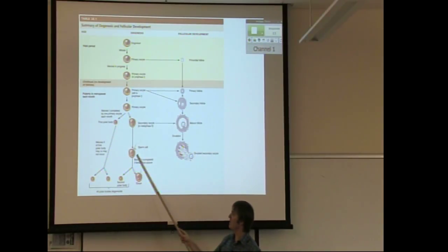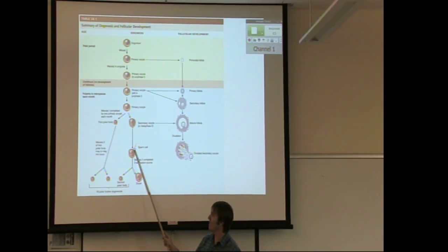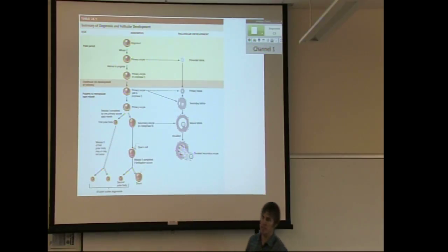And one of the stranger things is it actually doesn't finish meiosis until after the sperm fertilizes it. I don't know why that is. I'm trying to look it up. I still don't know. Doesn't seem like anyone really knows. So the sperm comes in, and before anything else happens, it divides to make the final ovum after the sperm's inside, which is kind of strange, but that'll happen later.